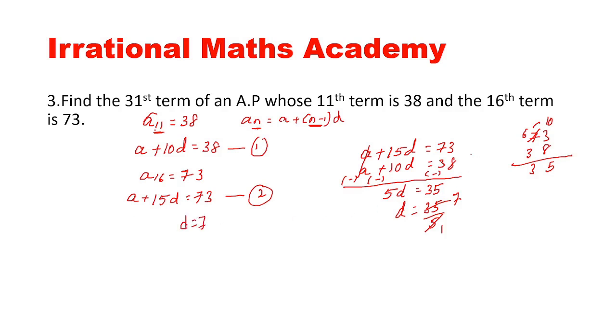Now let me substitute in any of these equations. I'll get a value. A plus 10 into 7 equal to 38, or A plus 70 equal to 38. A value is equal to 38 minus 70.